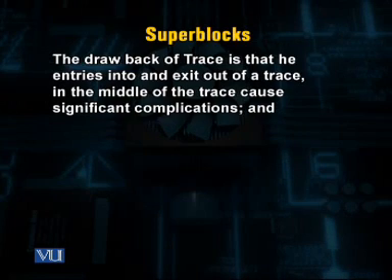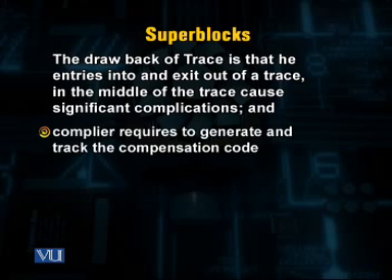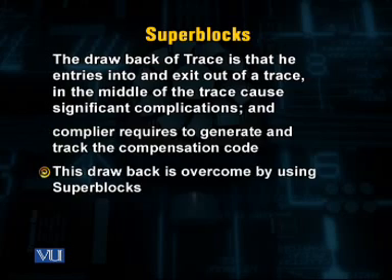Furthermore, the drawback of a trace is that the entries into and exits out of the middle of a trace cause significant complications, and the compiler is required to generate and track the compensation code. This drawback is overcome by using another technique known as the superblocks.